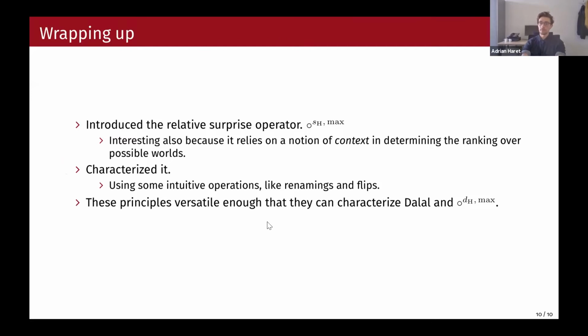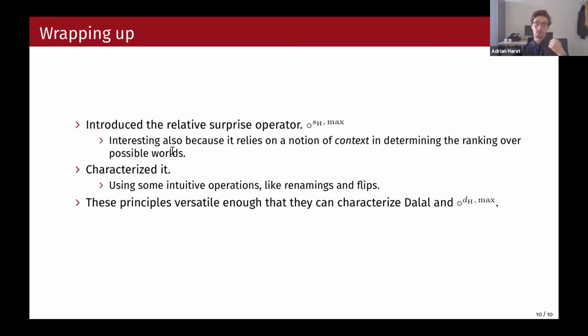So to wrap up, in the paper what you get to see is this relative surprise operator, based on this notion of relative surprise, which is in turn based on Hamming distance, and minimizing the maximum relative surprise.